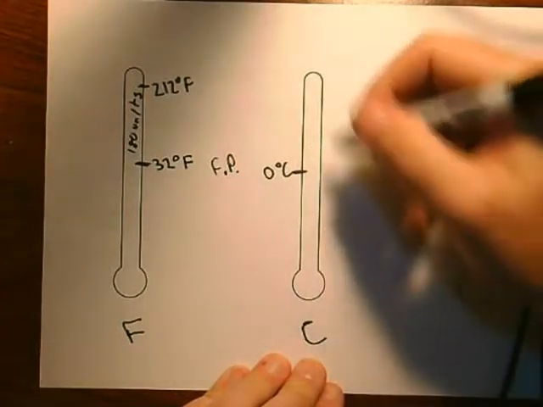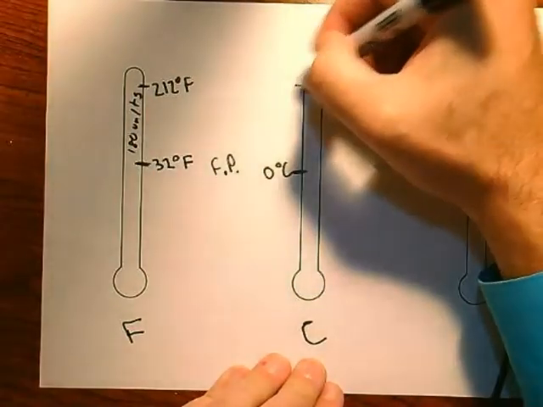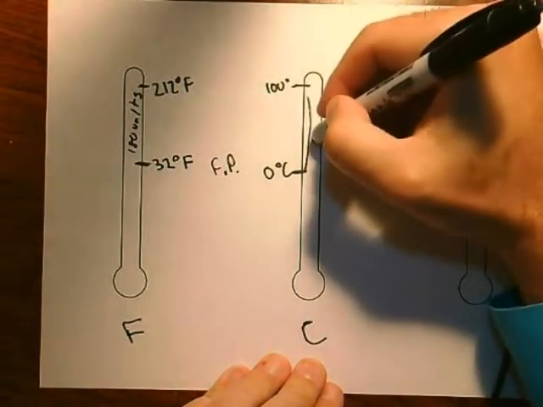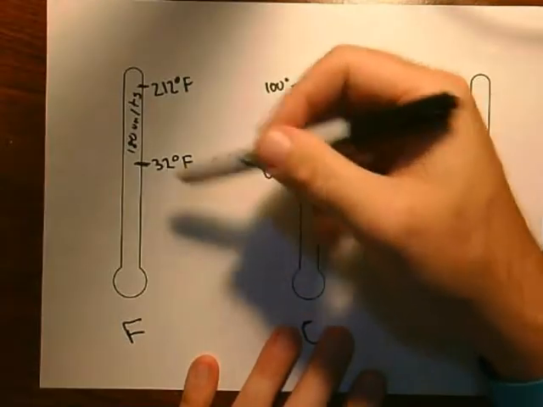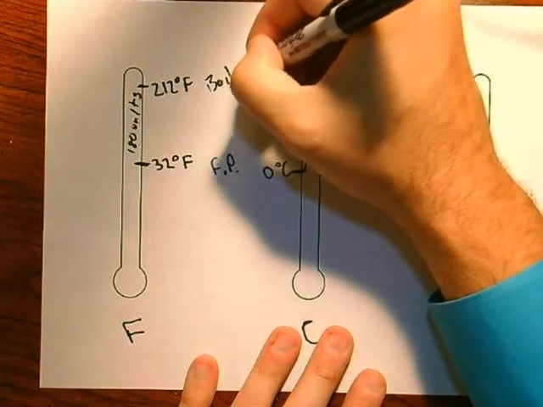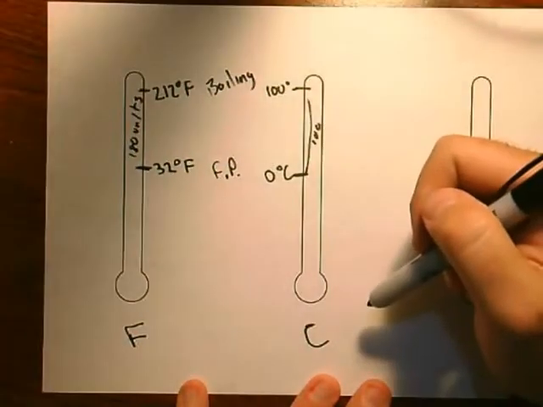Celsius wanted to make his scale a little easier, so he went from 0 and said that water boils at 100. So he has 100 units in here. The Fahrenheit scale has 180 units between the freezing point and the boiling point of water, and the Celsius scale has just 100.